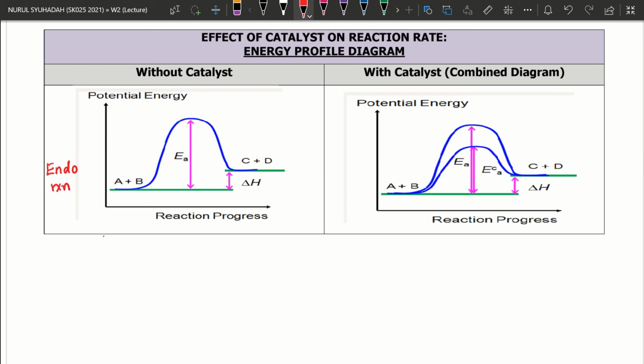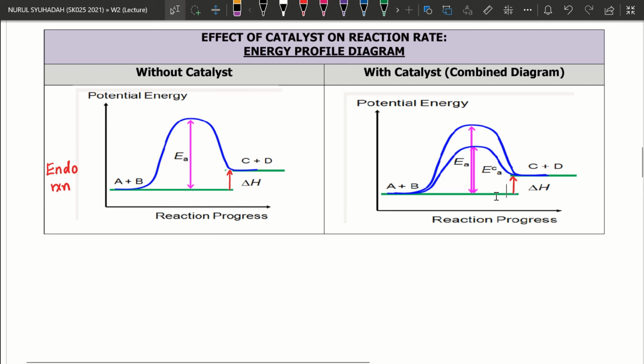Okay, so let's focus on this part here. So what you need to do is, first you need to correct the arrow here. So the arrow supposed to be, let me correct this one first. Draw the arrow like this, just a single-headed arrow pointing upwards from the reactant to the product.